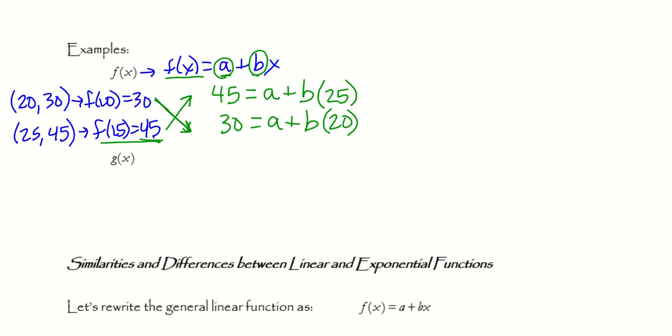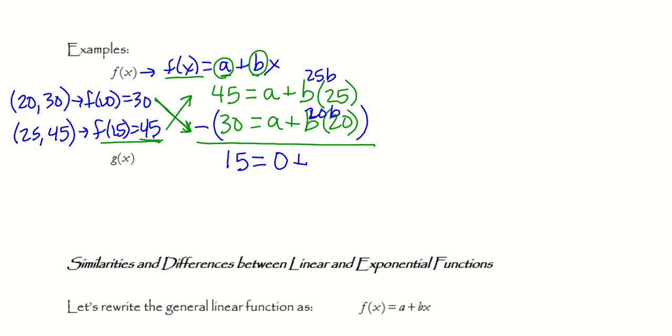2 equations. I'm going to have to borrow some space here, but when I subtract these 2 equations, I'm going to do 45 minus 30, which is 15. Then I've got a minus a, which is 0, plus b times 25, which is 25b, minus b times 20, which is 20b.